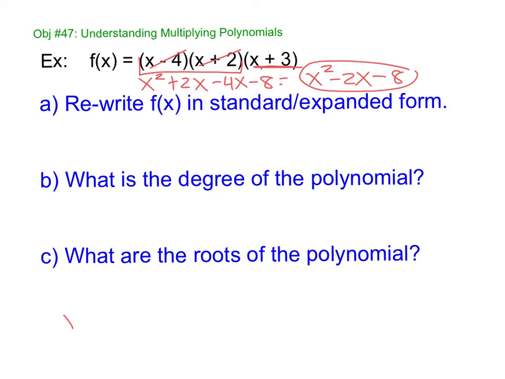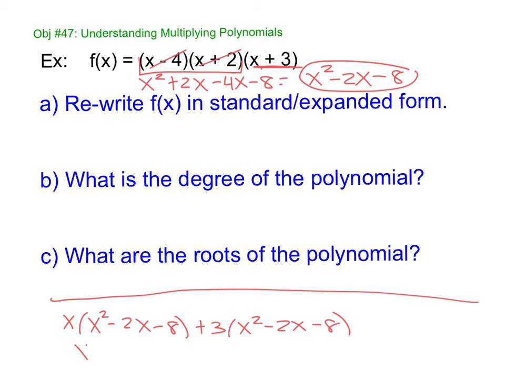So I have x times x squared minus 2x minus 8, and then plus 3 times x squared minus 2x minus 8. So I'm going to distribute that, and I get x cubed minus 2x squared minus 8x plus 3x squared minus 6x minus 24.